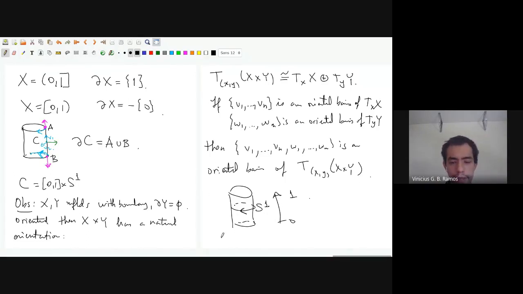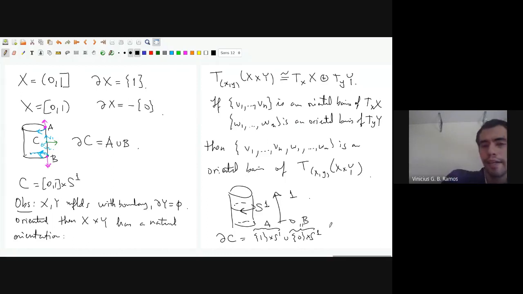And what is the boundary of C? Well, the boundary of C is going to be 1 times S1 union 0 times S1. This is what I called A, and this is what I called B. And now is maybe what Renato really wanted to hear, which is, these two boundaries have natural orientations just coming from S1. They're naturally isomorphic to S1, and the orientation is coming from the natural diffeomorphism.